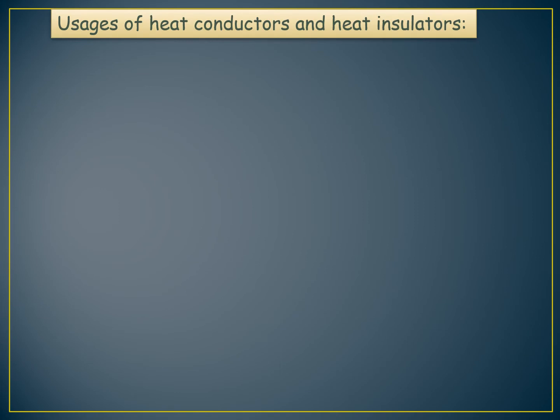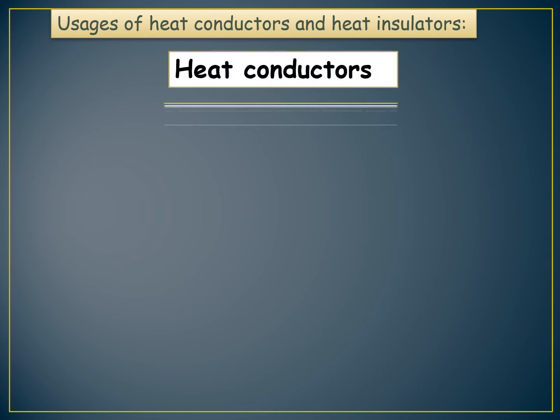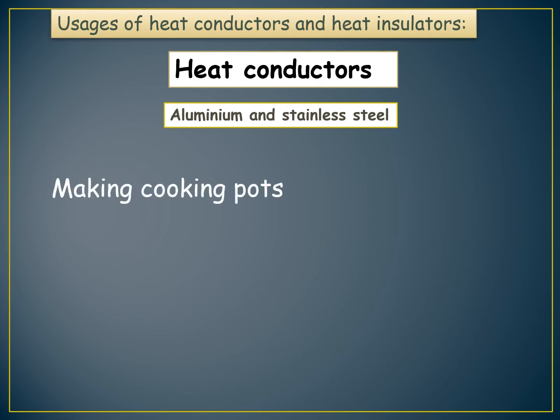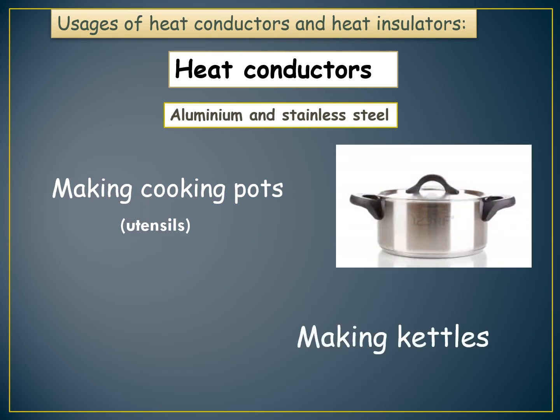Now I'm going to explain the usage of heat conductors and heat insulators. First, heat conductors like aluminum and stainless steel, we can use them in making cooking pots or cooking utensils and making kettles.